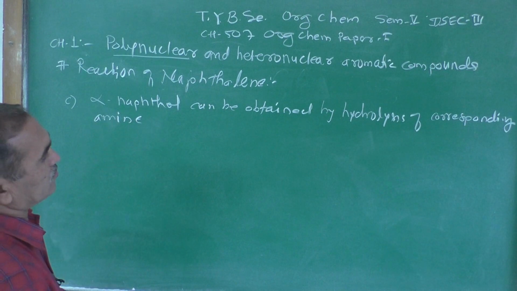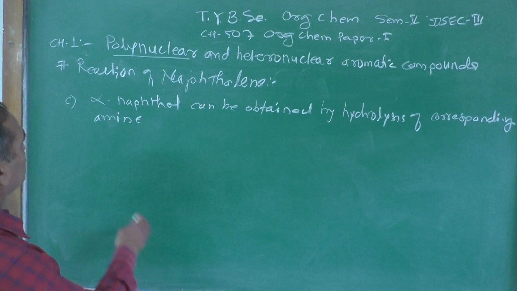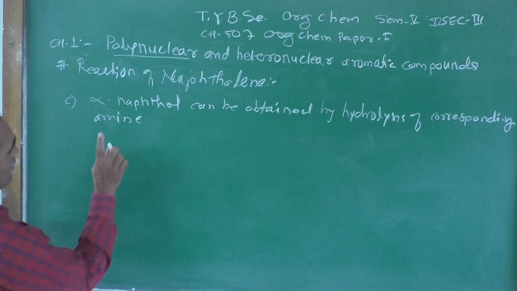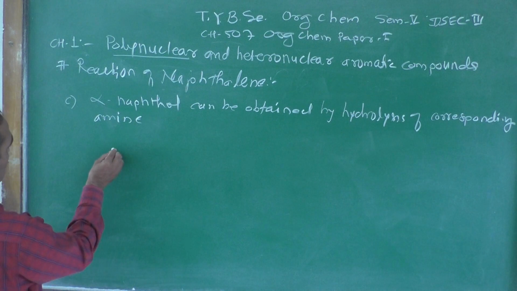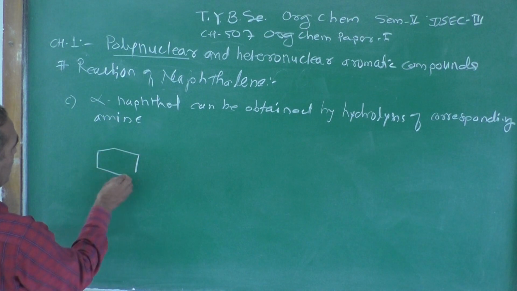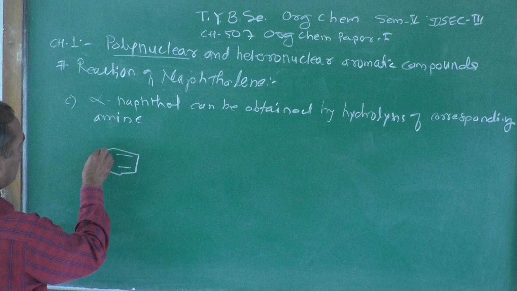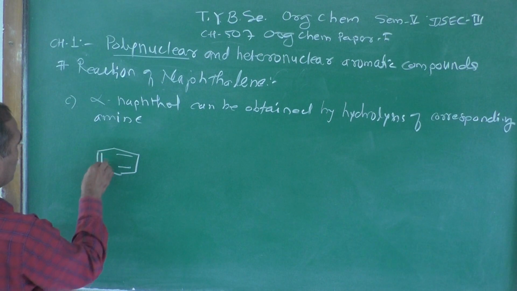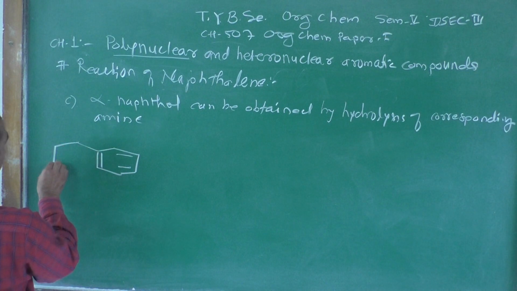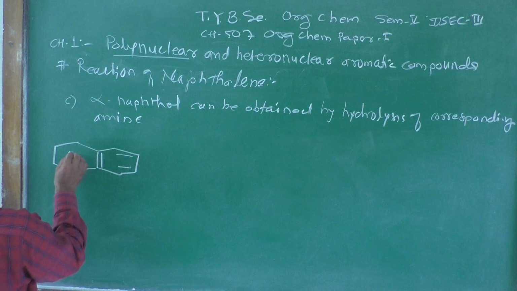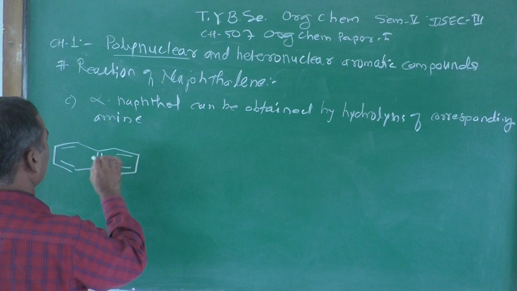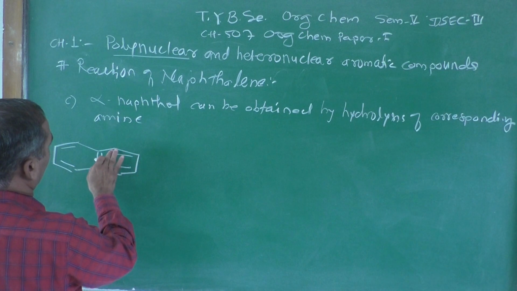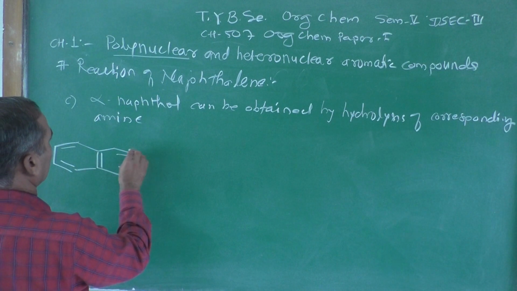According to that, let us see alpha naphthol, the end product we are going to get, from the corresponding amine. Let us see the starting material, the corresponding amine which I am going to take here. This side is alpha and this side is beta.